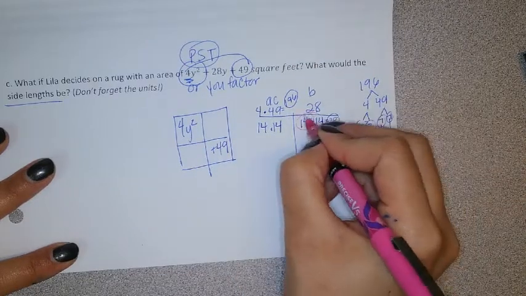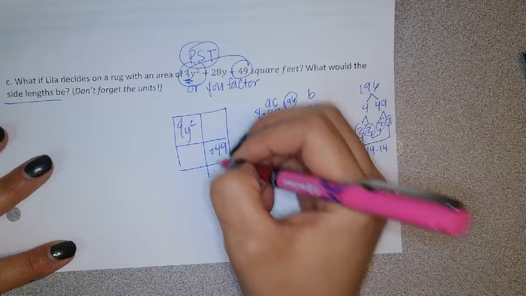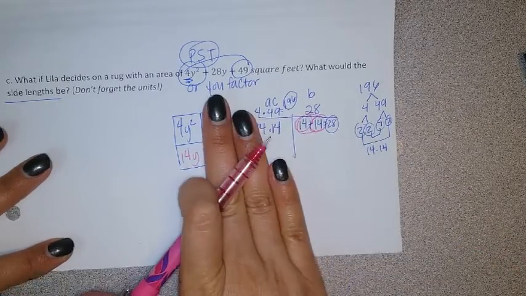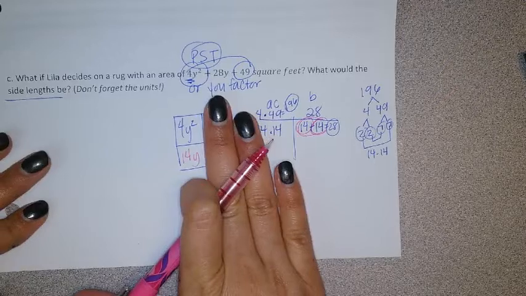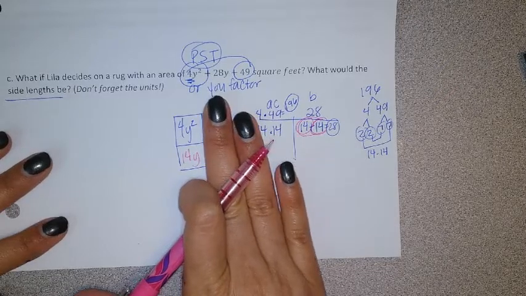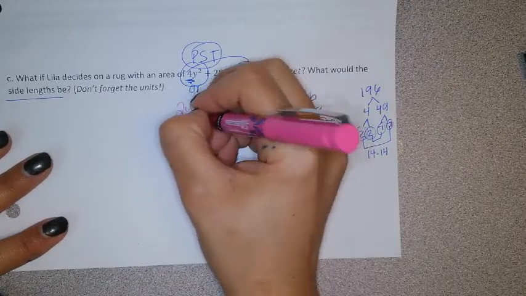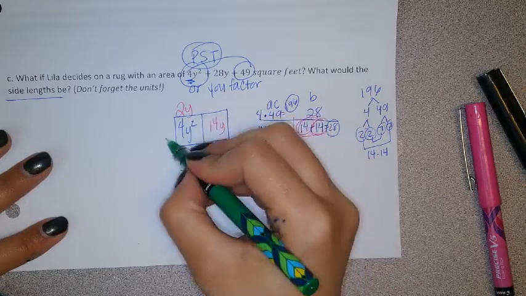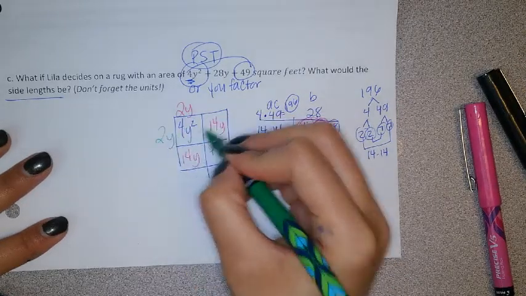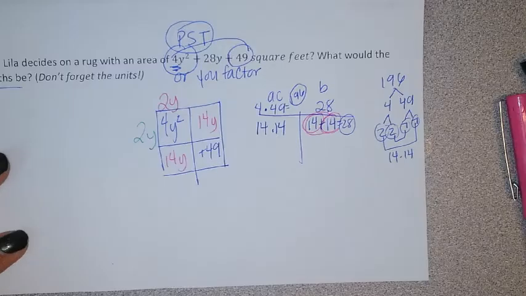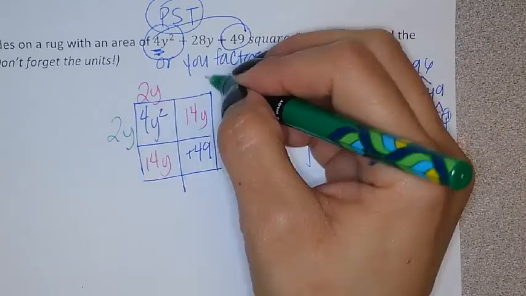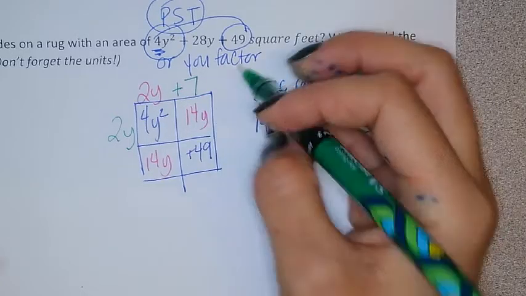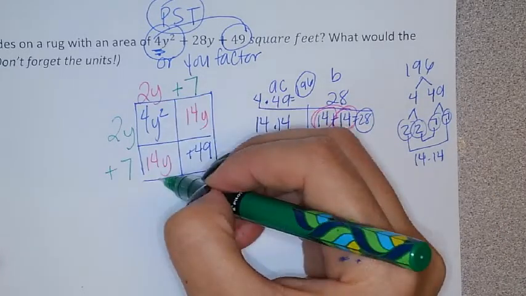These two terms work, the 14 will go here, and then I'll undo the box by doing the GCF of these two, which will be 2y. Once I know that, I can do the rest of the box. So that must be 2y in order for me to get 4y squared. And over here 2 times positive 7 would give me the 14y, and 2 times positive 7 would give me the 14y.